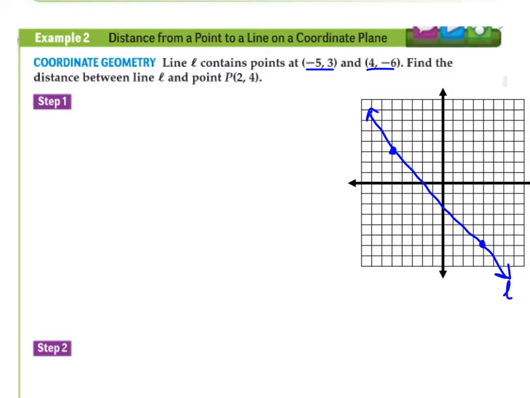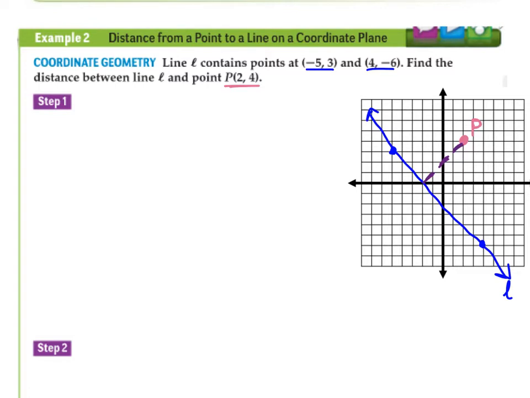We'll label it L. First, actually, let's label point P, which is (2, 4). All right, there we go. Now, what we're looking for, per the question, is this purple distance part. We want to figure out what this purple equals.